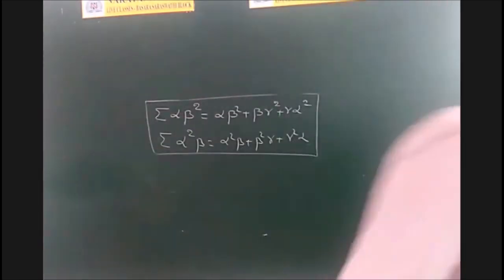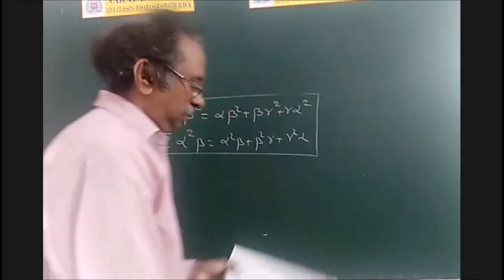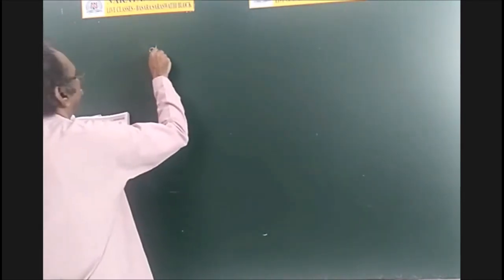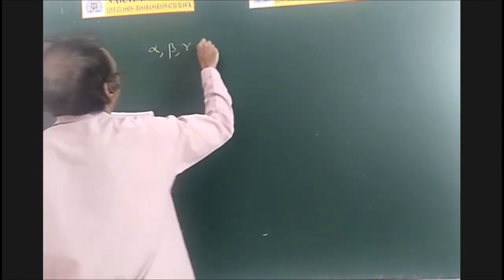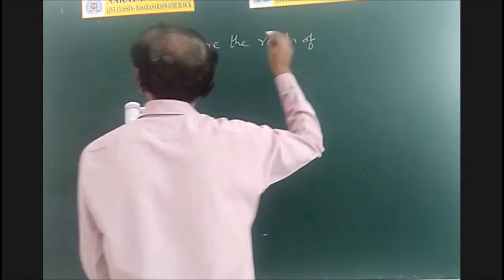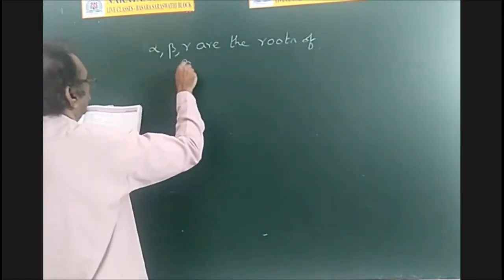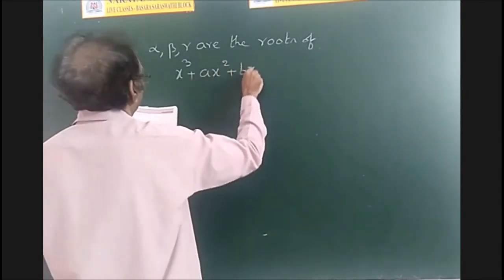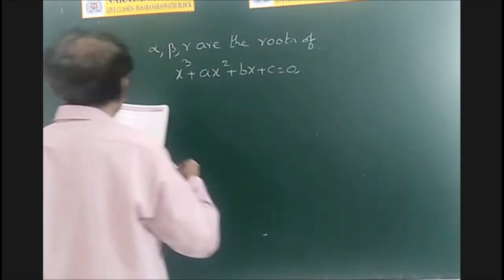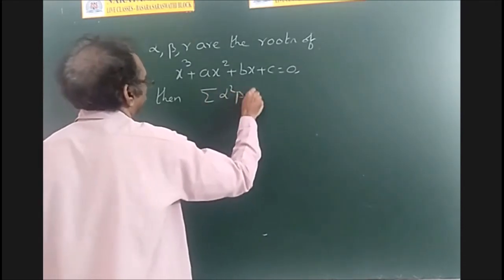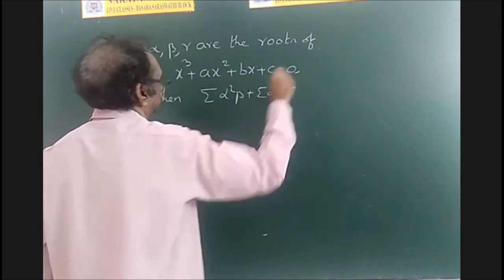Okay. Now we do a problem on this. If alpha, beta, gamma are the roots of x cube plus ax square plus bx plus c is equal to 0, then find sigma alpha square beta plus sigma alpha beta square.